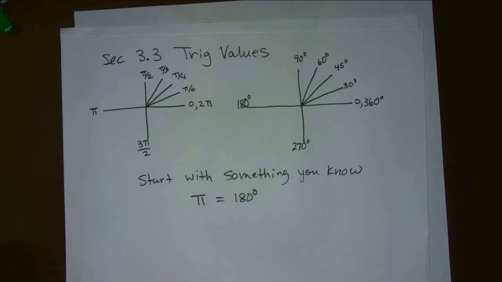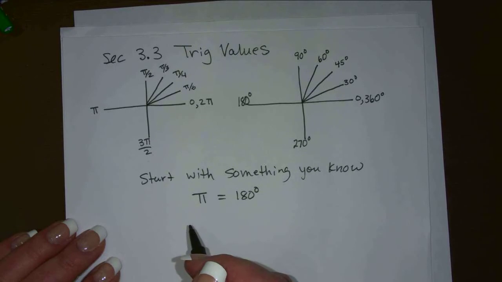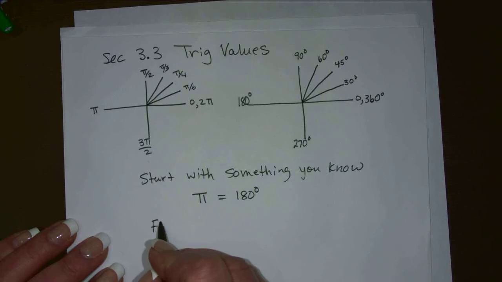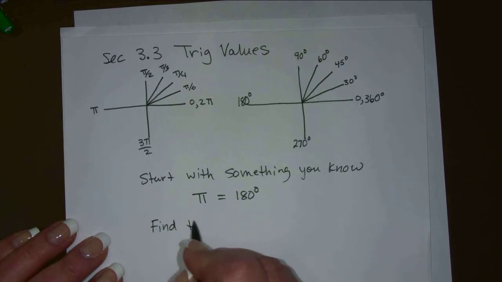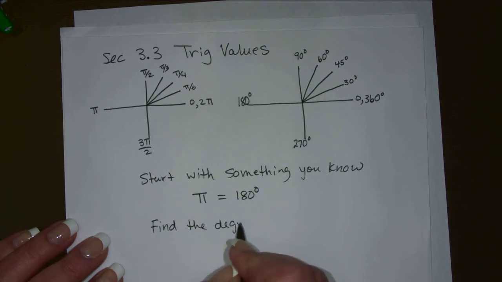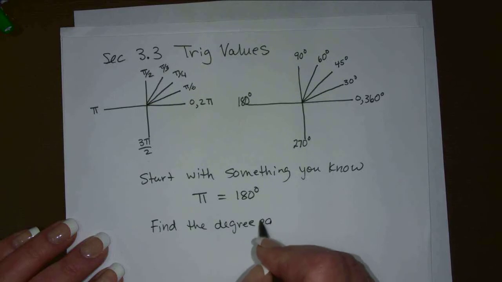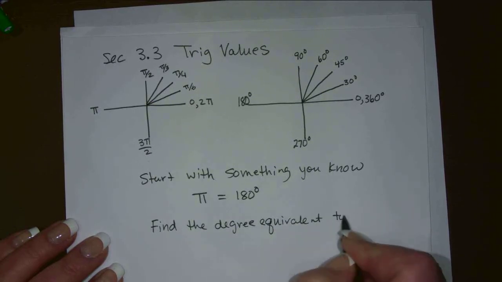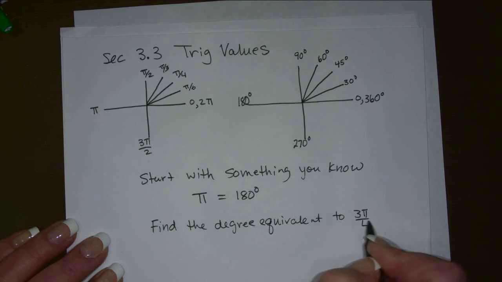Okay, so we start with that, and say, for example, we wanted to find three pi over 4 in degrees. So we want to convert 3 pi over 4 to degrees.